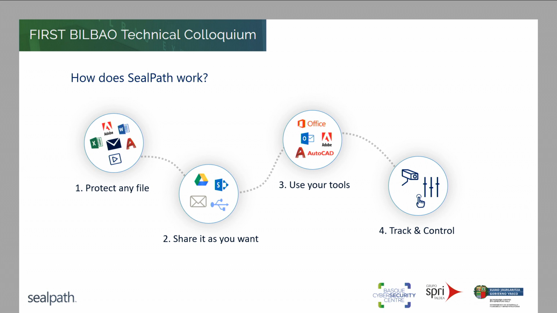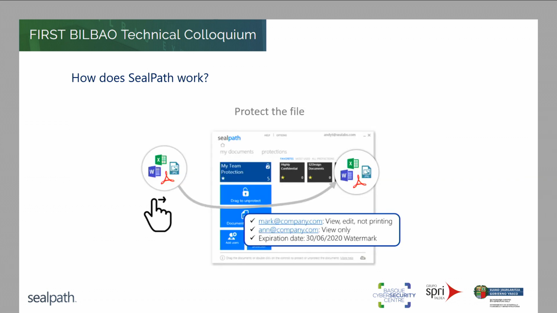Or even with a right click over a file, you can protect it. And once you have protected the file, you can move it through email, through the cloud, through other media. You can use your tools, like AutoCAD, like Office, to open them, and you can track what is happening with your file.